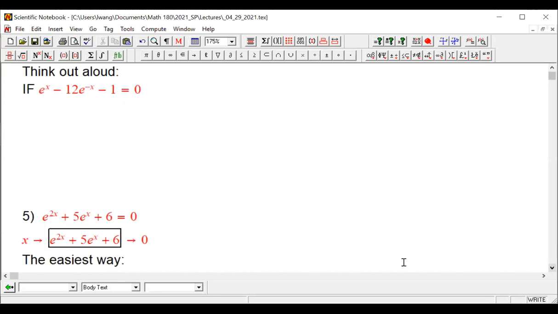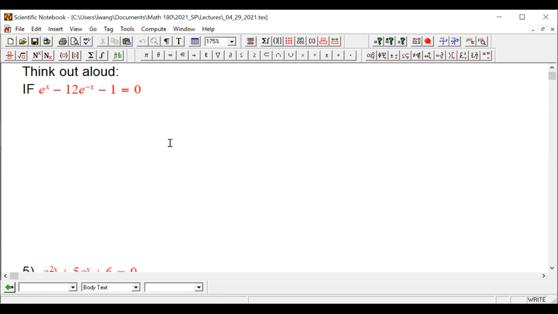So if that is true, what algebraic procedures can we do so that we can find the values for x? What can we do? Anybody?